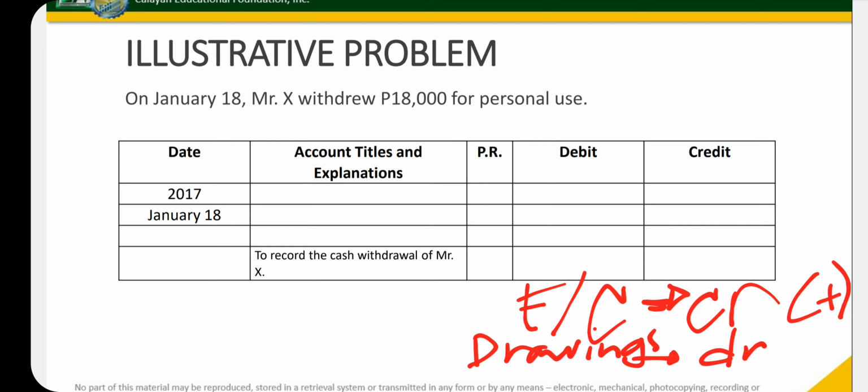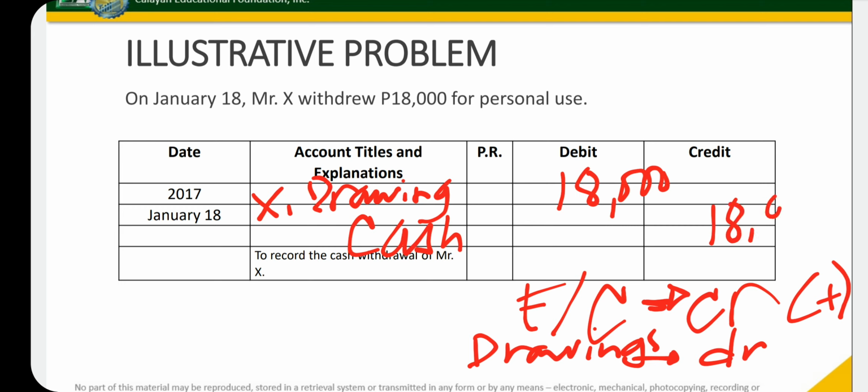So, whenever we record drawings or withdrawals made by the owner, we're going to debit a withdrawal account. For example, X drawing or X withdrawal, it's the same, depending on what the problem uses. We debit X drawing for 18,000 and we credit cash.